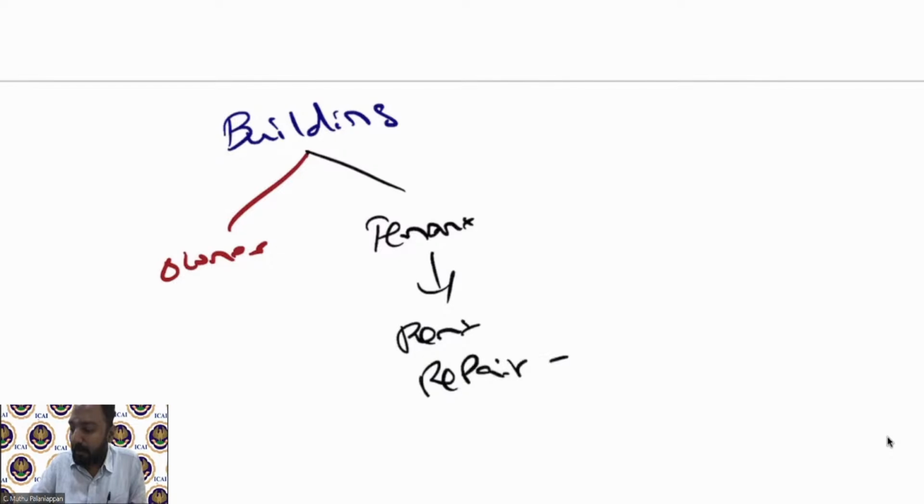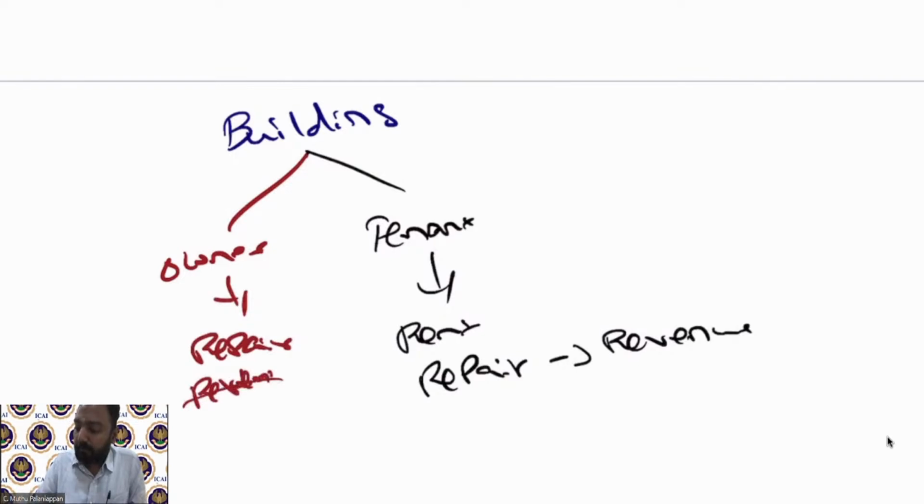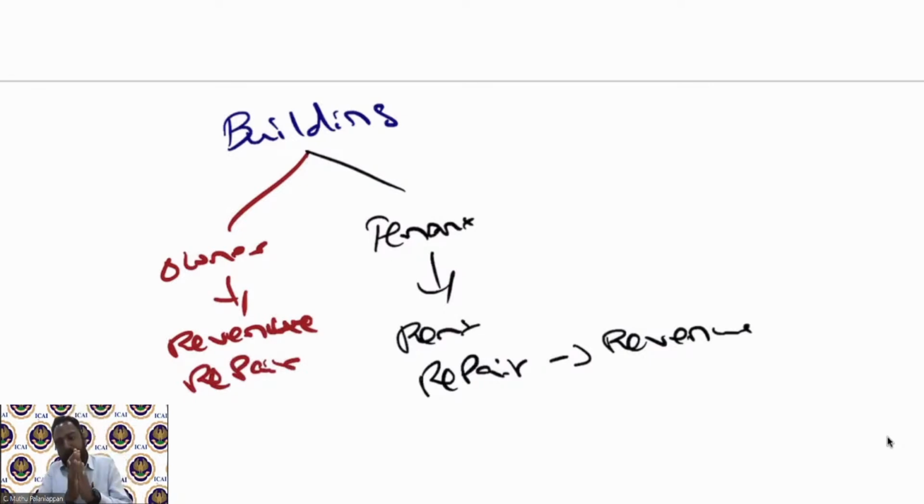When you say repair, it is what? It is revenue in nature. Similarly, when you say you're an owner, whatever repair. So when you say repair, what? It is revenue. Revenue repair. Right? So this repair alone is considered.